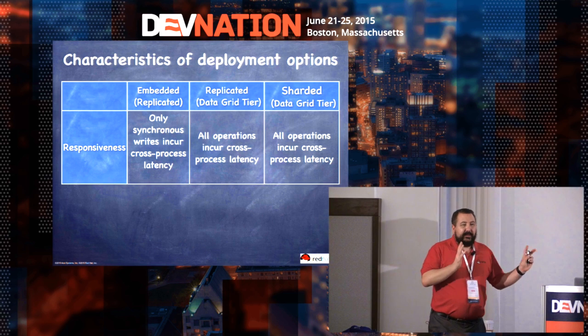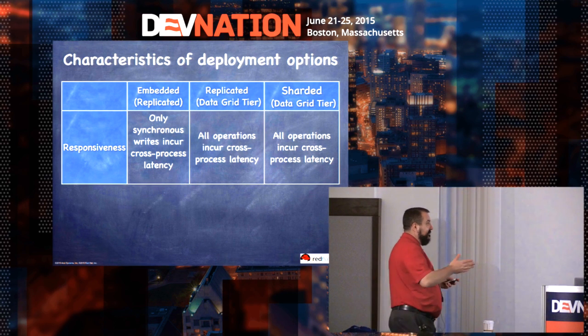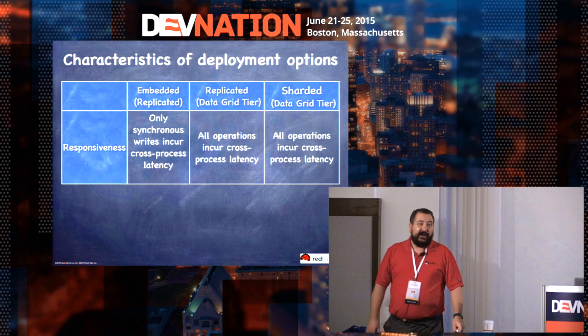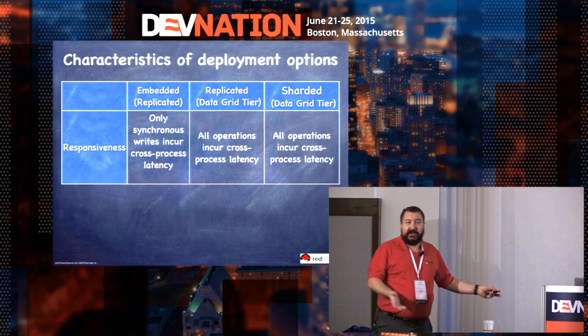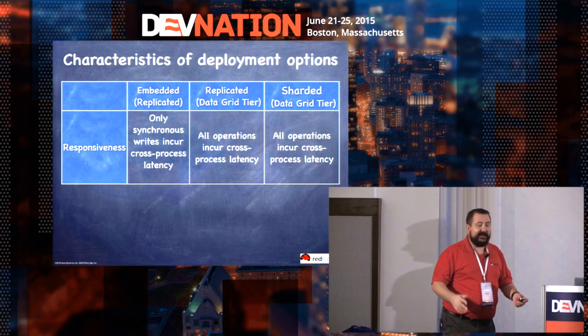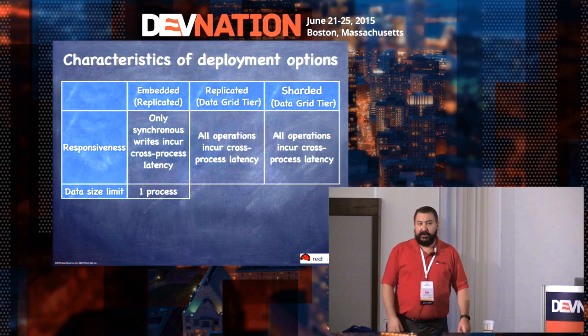So if I really want a really fast process, the embedded is a great model. But it does have its limitations because I can't infinitely scale it up, whereas if I go to a sharded model, that can scale. So that's really the next point here.